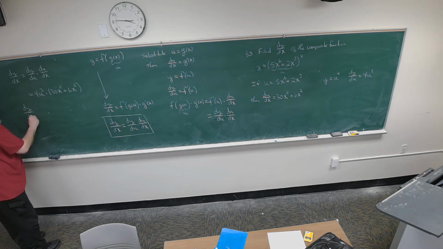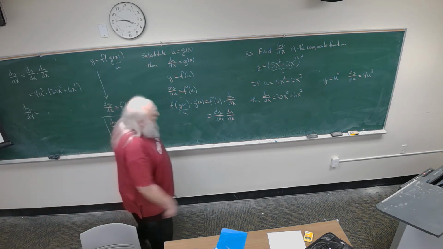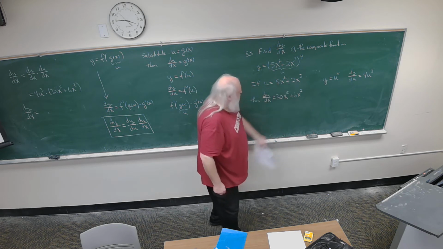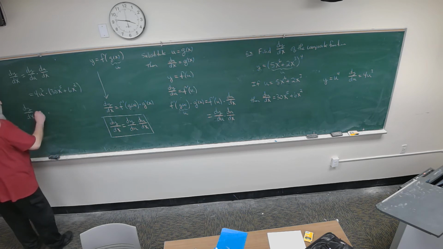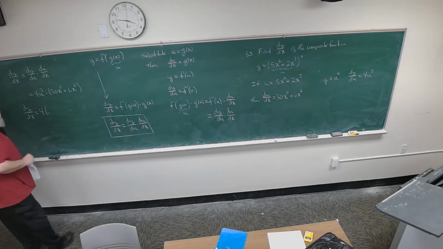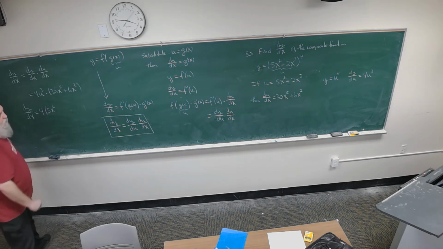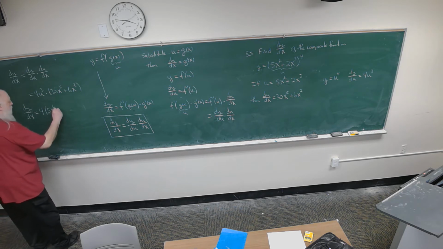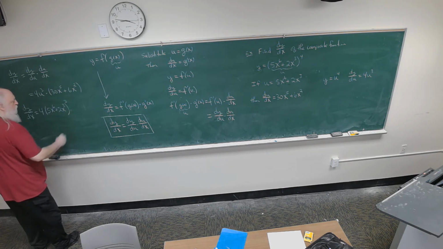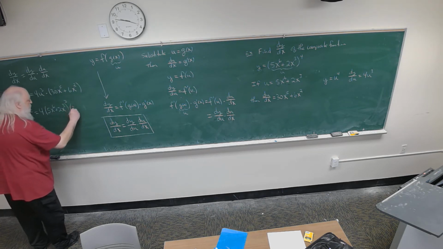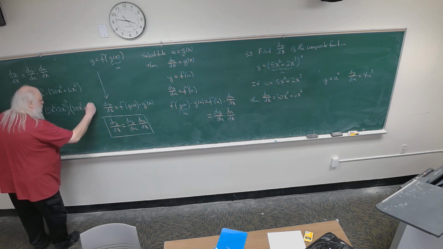And now we replace u with what it's equal to. What's u equal to? 5x to the 6 plus 2x cubed. So the derivative of y with respect to x is equal to 4 times 5x to the 6 plus 2x cubed, raised to the 3rd power, times this here in parentheses, 30 times x to the 5th plus 6x squared.